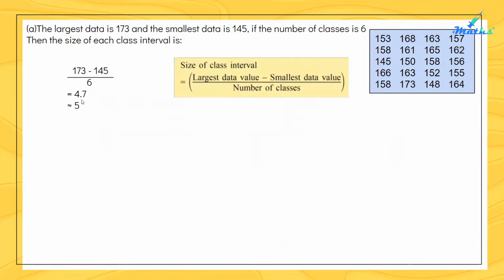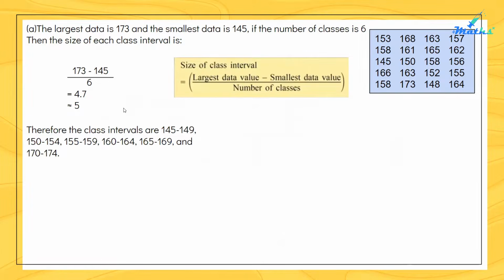So we round to the nearest number, 5. Therefore, the class intervals are 145 to 149, 150 to 154, 155 to 159, 160 to 164, 165 to 169, and the last, 170 to 174.